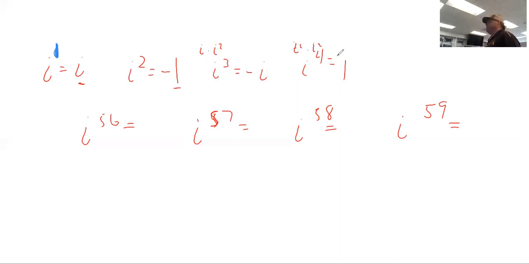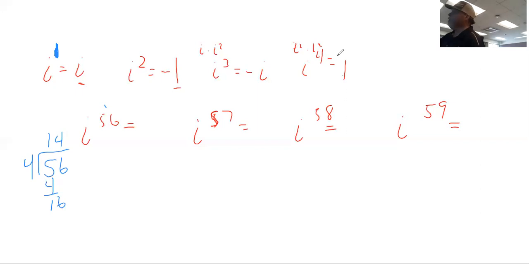So what we do is we take this exponent, 56, and we divide it by 4. That'll give me 14. There's no remainder. So that means this is the same as i to the 4th, so that is 1.